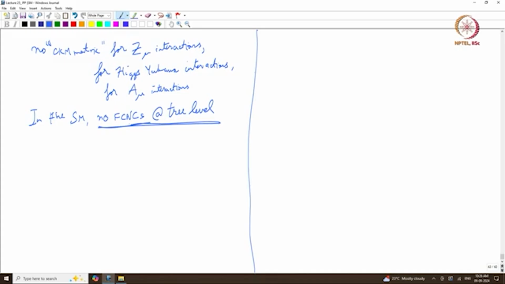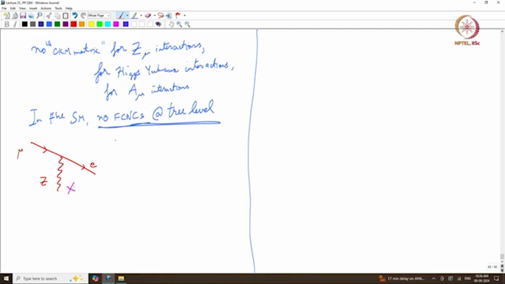So, why do I say at tree level? What does this mean? Let me draw some simple diagrams to show this. I cannot have, for instance, a muon going to an electron spitting out a Z boson. This is not there in the standard model.